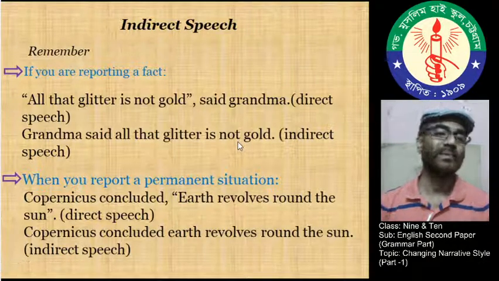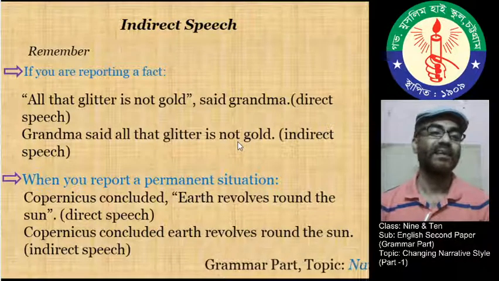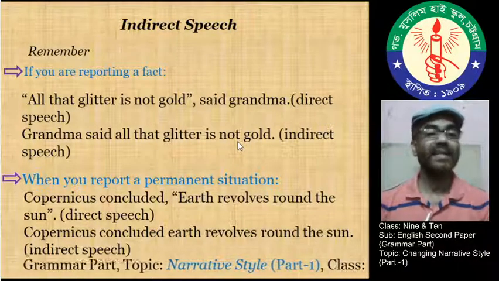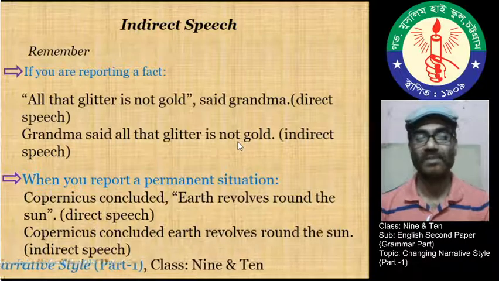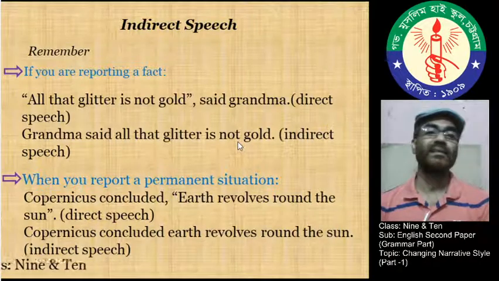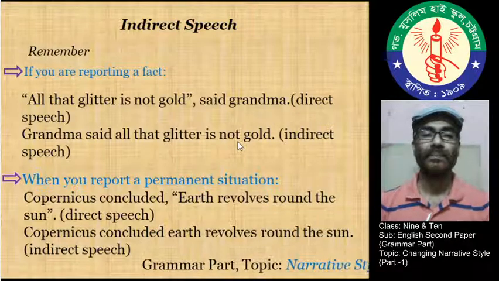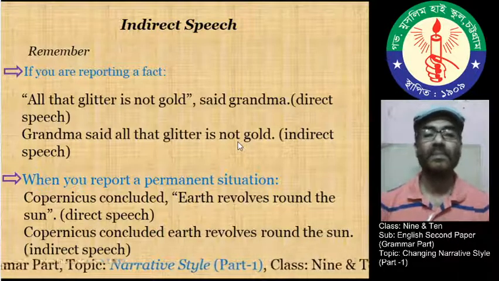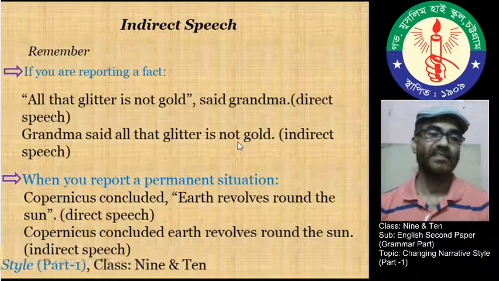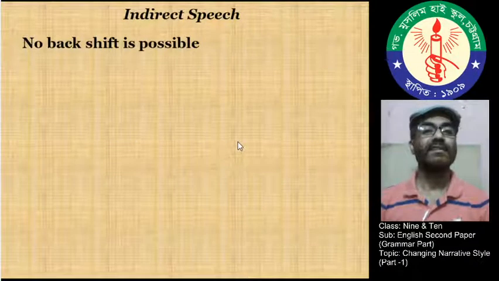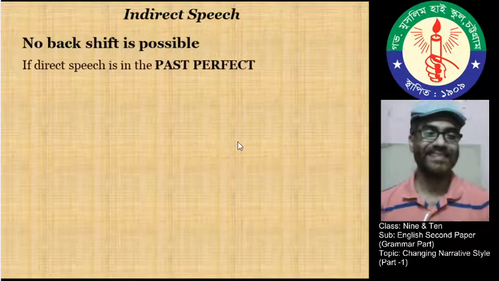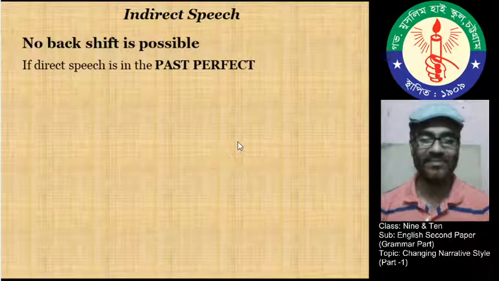So you should remember these two things: one is when you are reporting a fact, and the other is a permanent situation. In these two cases, the tense of reported speech remains unchanged. No backshift is possible.